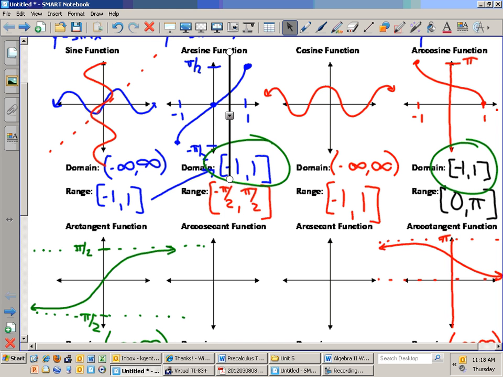The function has a value right there, which is below pi over 2. How much is pi over 2? 90. So you can see that I get about 30 degrees right there. It doesn't come up with 150 because it wouldn't be a function anymore if it carried on in that way.